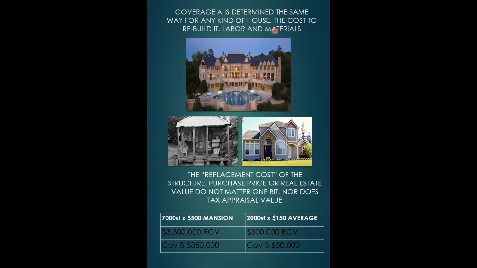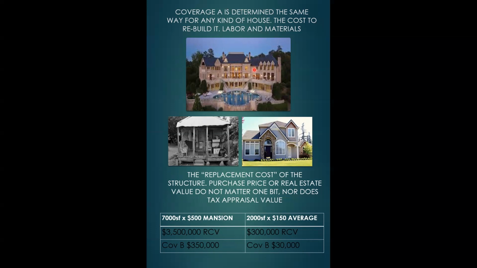How much would it actually take to rebuild a house all the way from the slab up? That's what coverage A is supposed to be geared toward, a total and catastrophic loss, and making sure that you could overcome such a total and catastrophic loss. So how do we do that? How do we figure out how much insurance is necessary?